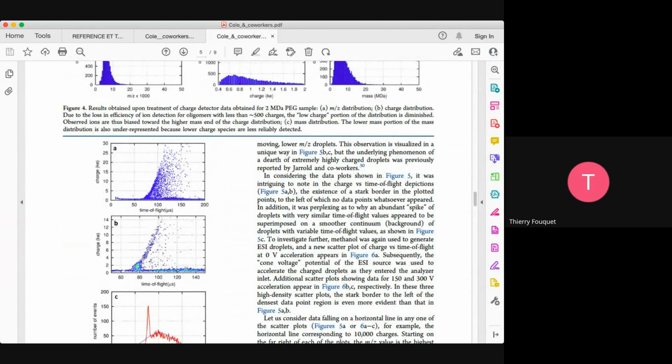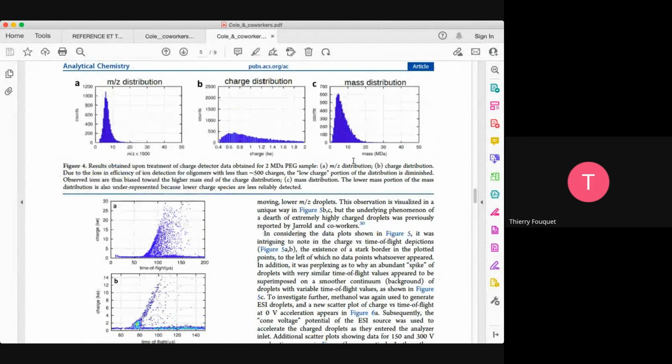I was wondering if you would have any way to activate these big polymers to make them fragment, to get at the same time the molecular weight of these large chunks of polymers and a bit of information about the nature. Do you know how much energy you would have to bring to these big things to make them dissociate into fragments to see the typical fragmentation pattern?